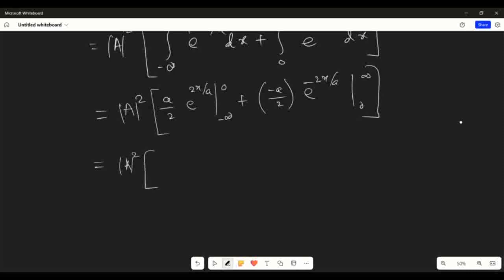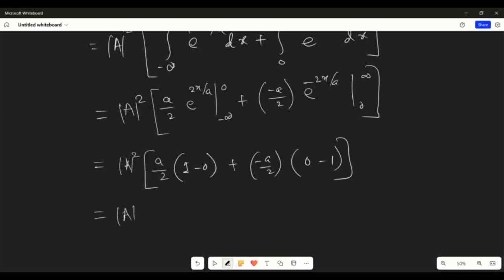So |A| squared times a/2, when we put 0, this will be 1 minus 0, and again plus minus a/2, when this is 0 minus 1.